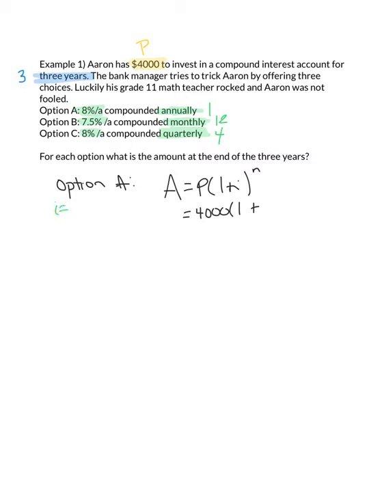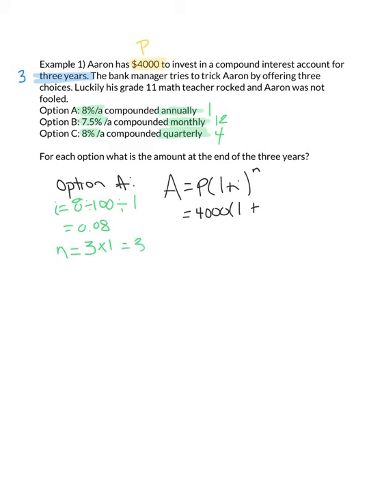So i is going to be my interest rate, so the 8, divided by 100, divided by my magic number, which is 1. So kind of silly to write in this case, but I'm doing it for your benefit. And that's going to be a 0.08. I'm also going to solve for my n. So my n is going to be my number of years, which we said was 3, times my magic number, which was 1, and so my n is 3.